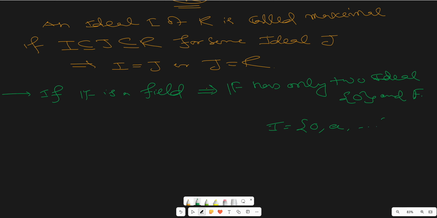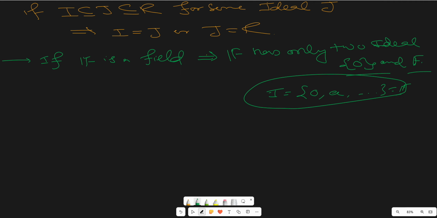That means I will be the entire field F. So it has only two ideals, F and 0, right? So from here, what can you say about the ideals? If F is a field, then what are the maximal ideals of F?